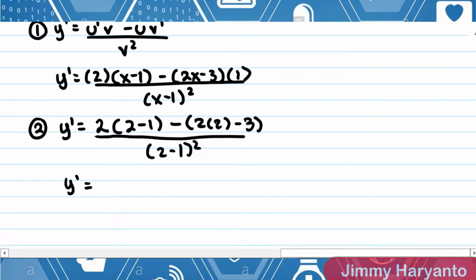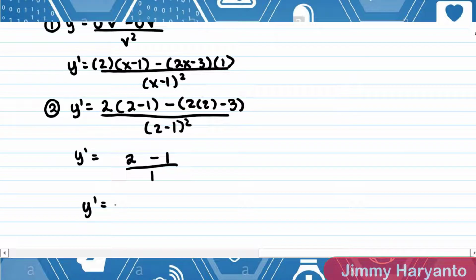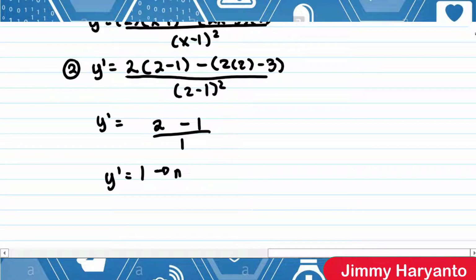Okay, we can calculate it using mental arithmetic. The first one will be 2, and the second one will be 4 - 3 equals 1, over 1. So y' will be equal to 1, and that means the gradient of the tangent is equal to 1.